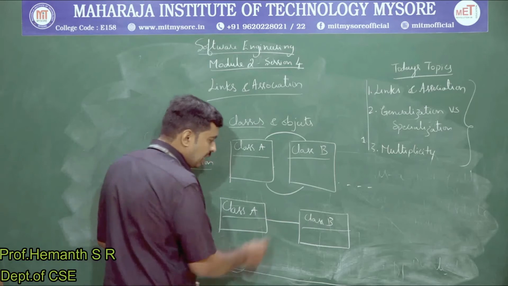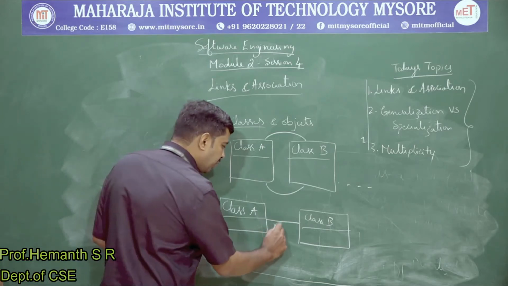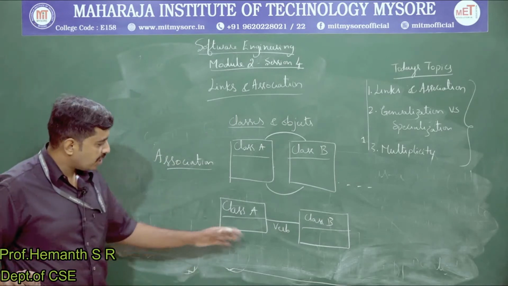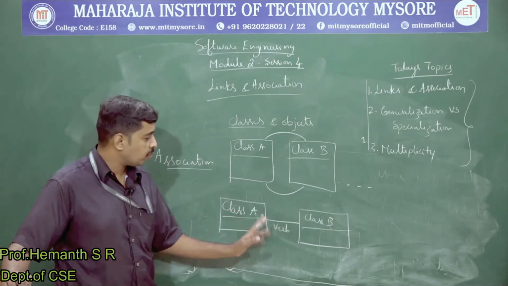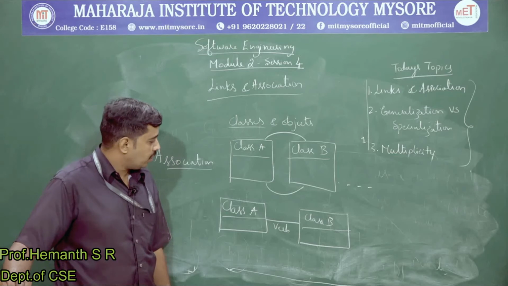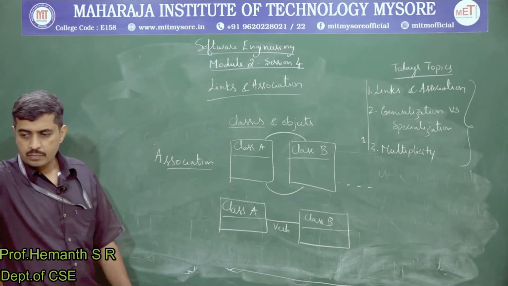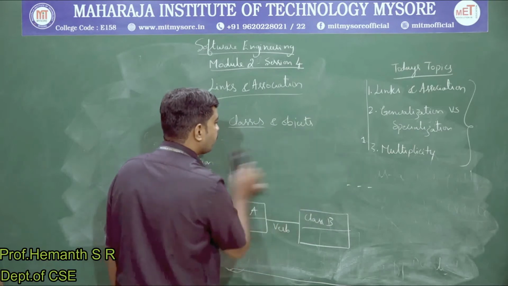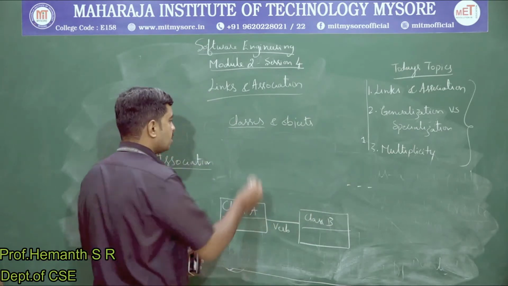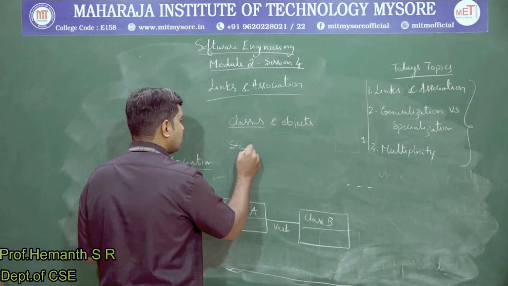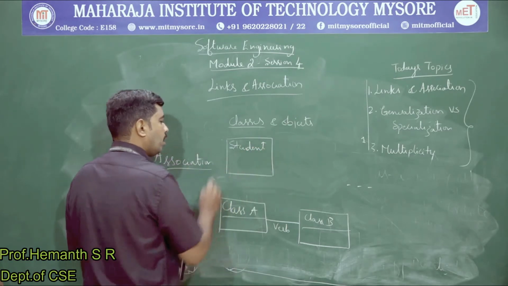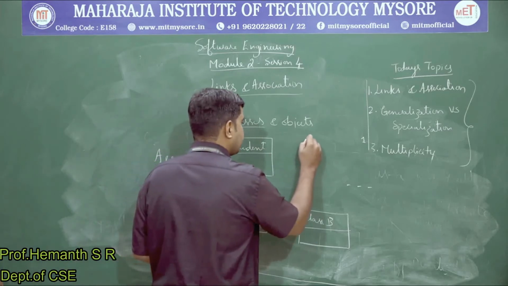I can write above the line, and usually it will be a verb. I'll go to more specific examples so that we can have more clarity about this. For example, consider 2 classes, student class and a university class.